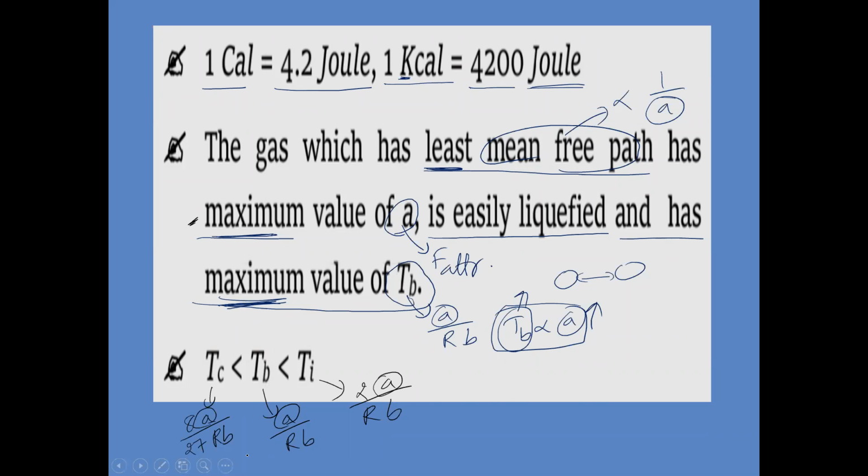Suppose you take hydrogen gas. Hydrogen gas has a lower value of A. When A value is less, automatically these three temperatures will be less, because they are directly proportional to A. So hydrogen has lower Tc, lower TB, lower Ti.